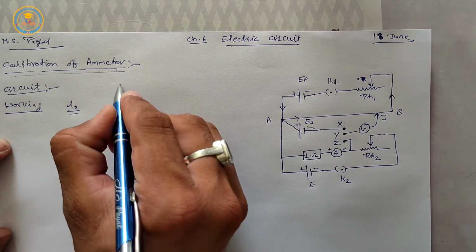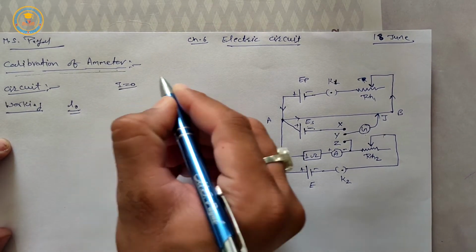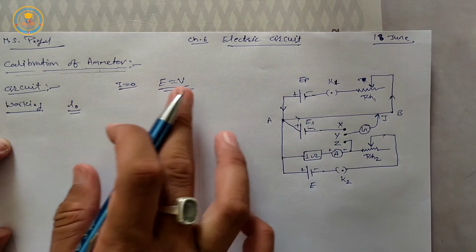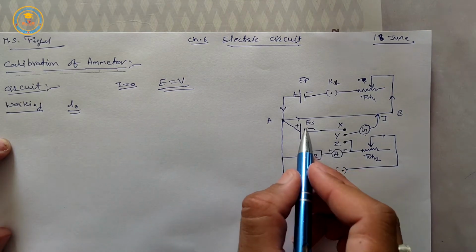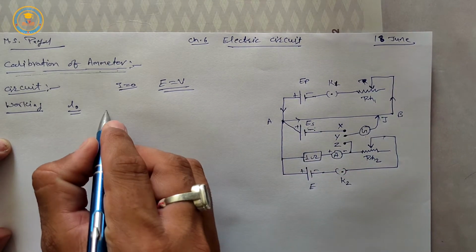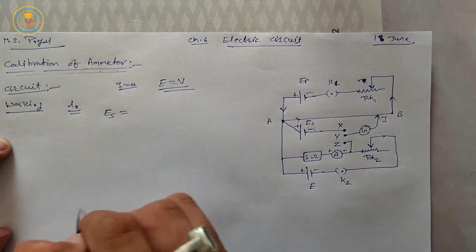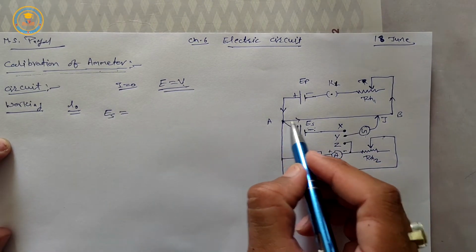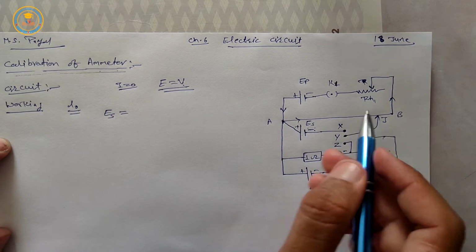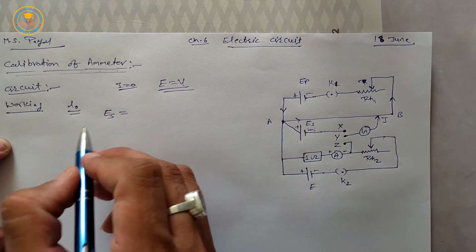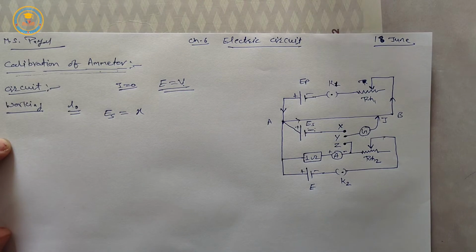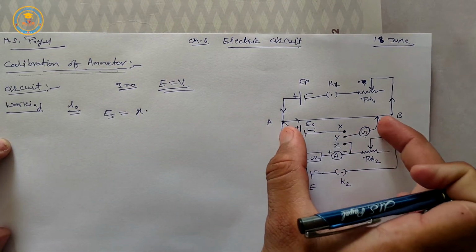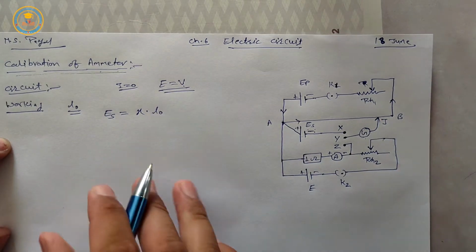It means in zero deflection I is equal to 0, so E is equal to V. So according to this principle, for this standard cell ES is equal to V. V is the total potential difference across the wire, and this equals the multiple of potential gradient, which is denoted X, and the balancing length, this is L0.